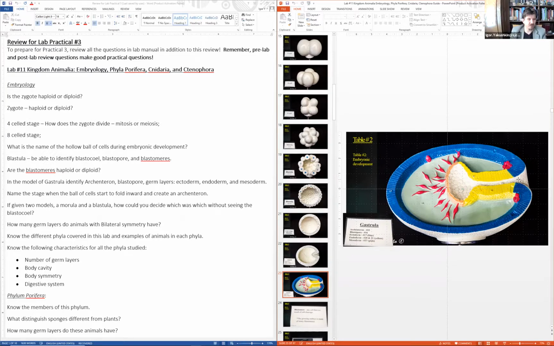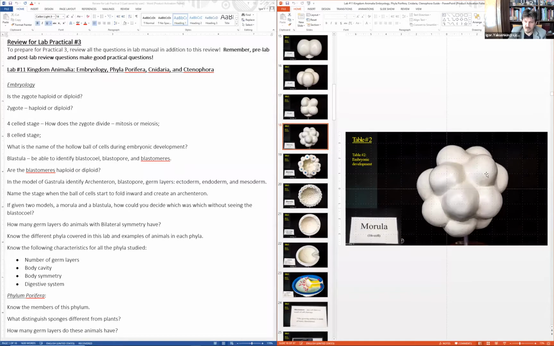In the given two models, morula and blastula, how could you decide which one is which without seeing the blastocoel? Number of cells. You're counting here: 1, 2, 3, 4, 5, 6, 7, 8, 9, 10, 11, up to probably 16 is morula.